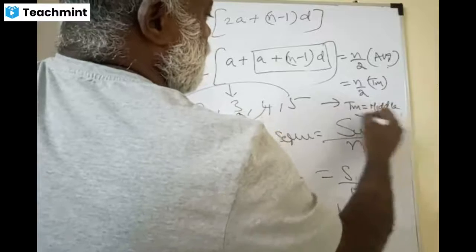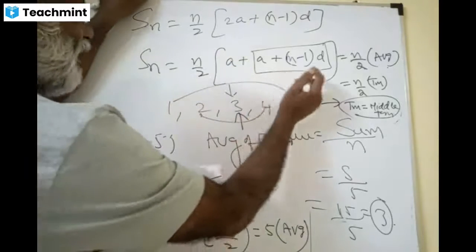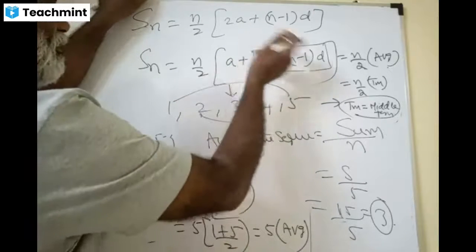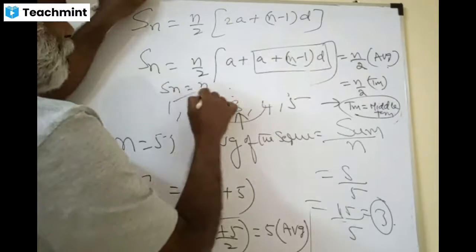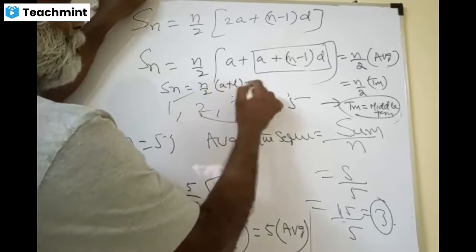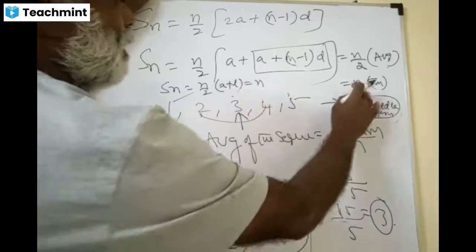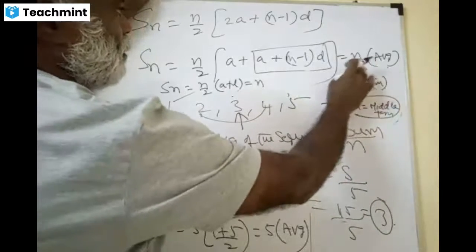What a brilliant one. So you can write this one, or you can write Sn equal to n by 2 into a plus l. This a plus l by 2 you can write as n into 2 into Tm. That's it.